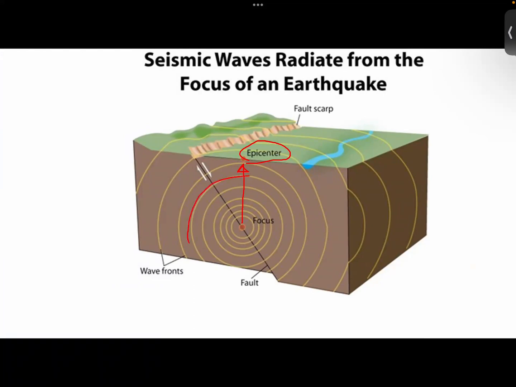See, these are the waves in which it is traveling. And the line across which this focus originated is called the fault line. It is nothing but the boundary between the two plates across which the focus has originated. So it is called the fault line, right?